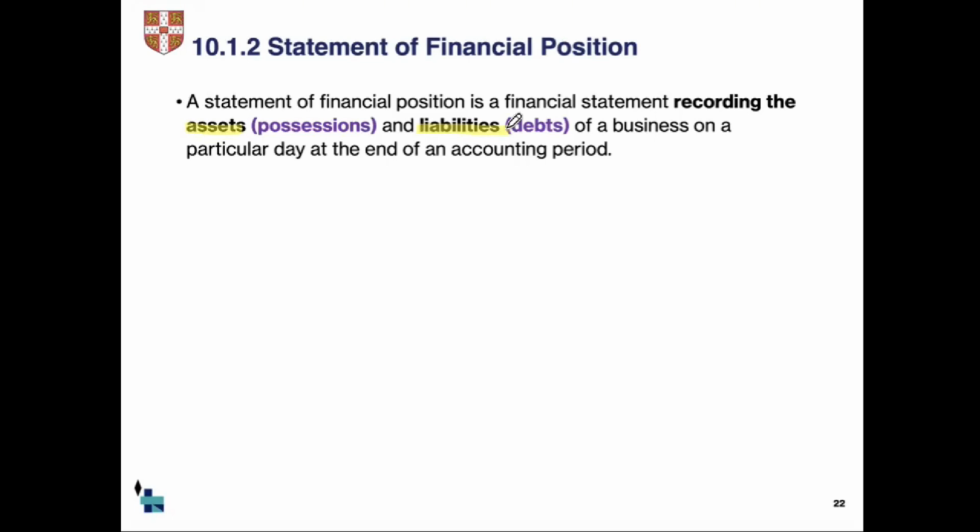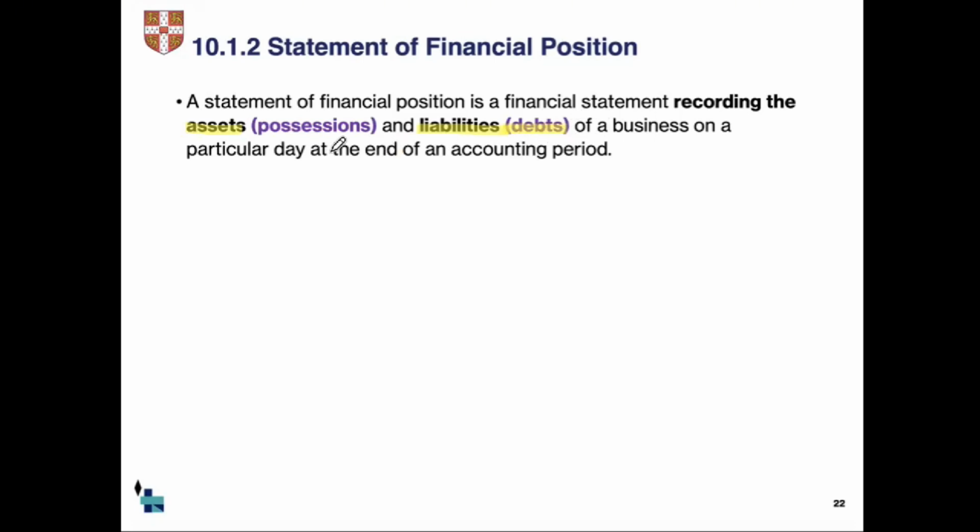The statement of financial position records the assets, and assets are the possessions, the things that the business owns. It also gives us a recording of the liabilities, and these are the things that the business owes, the debts that the business owes. So all the things that the business owns, its assets, and all the things that the business owes, its liabilities, are recorded on the statement of financial position.